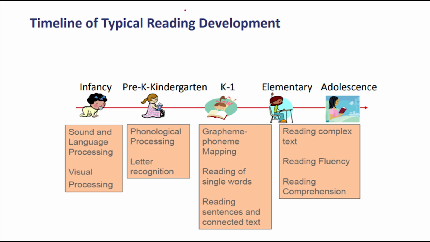Then in pre-kindergarten, our phonological processing, our sound-based processing, we start recognizing letters, oh yeah, that's a B. Then we start connecting it to the sounds, oh yeah, that says buh, in kindergarten and first grade. We start reading sight words and start reading text. And then in upper elementary school, we start reading for fluency and comprehension. And where do we typically identify a student who's struggling with reading? At what grade level, typically?